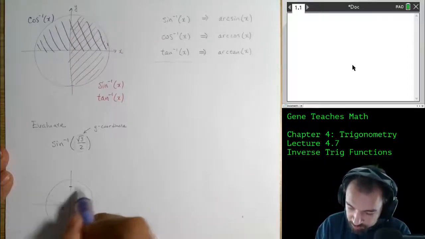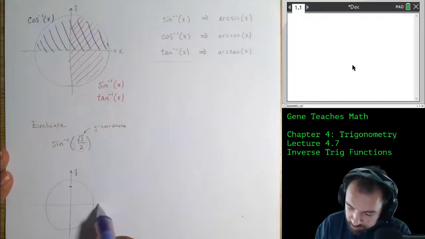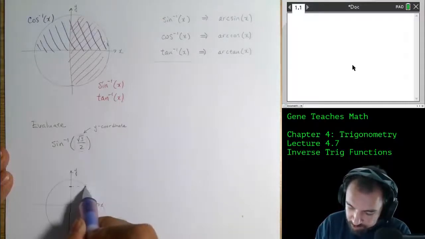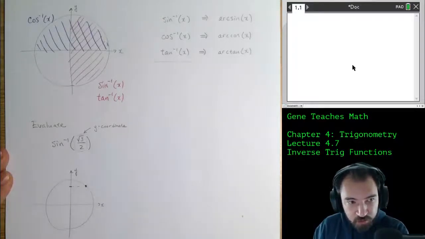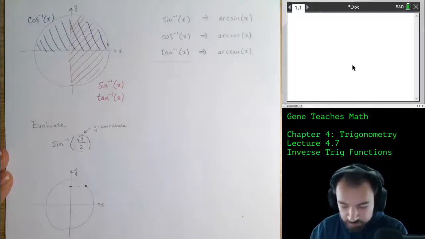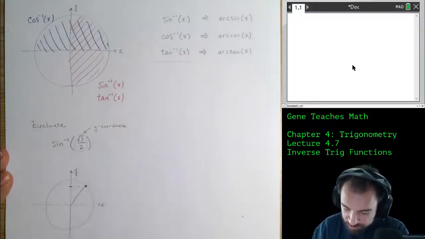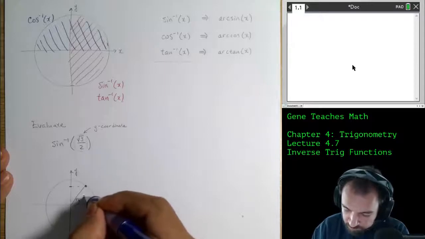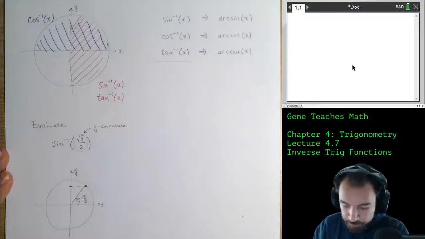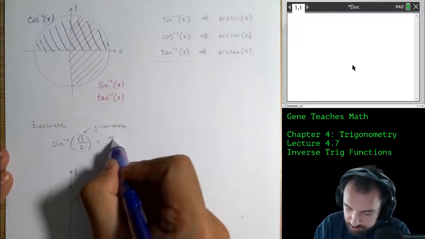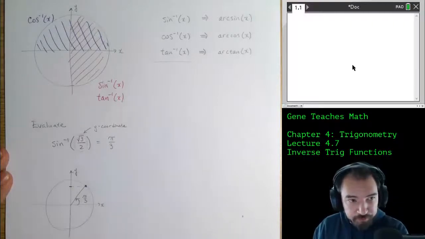Well, that's going to be up here. There are many possible locations where that can happen, but I'm only interested in the one that occurs on the right half of the unit circle. This angle, we know from previous experience, is pi over 3. So we can immediately answer pi over 3.